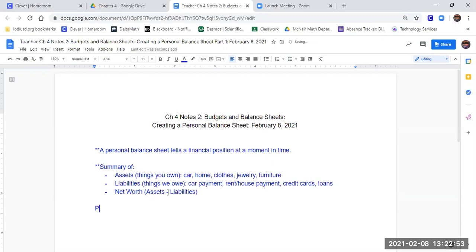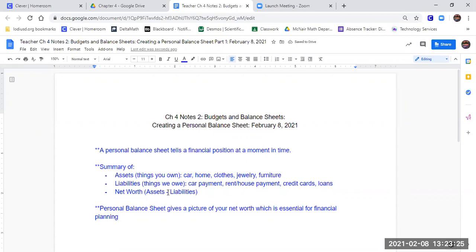The personal balance sheet gives a picture of your net worth, which is essential for financial planning.